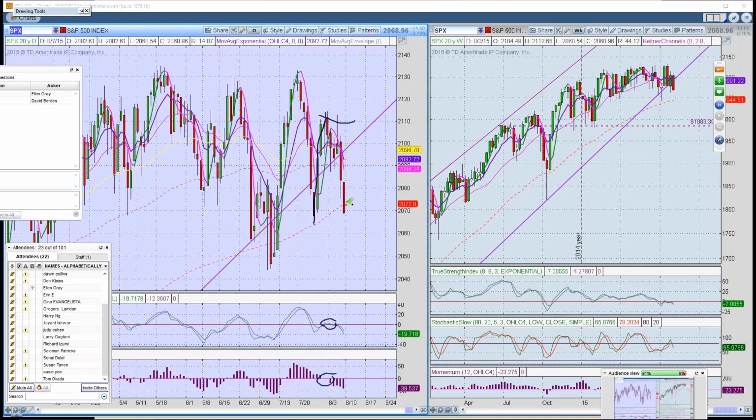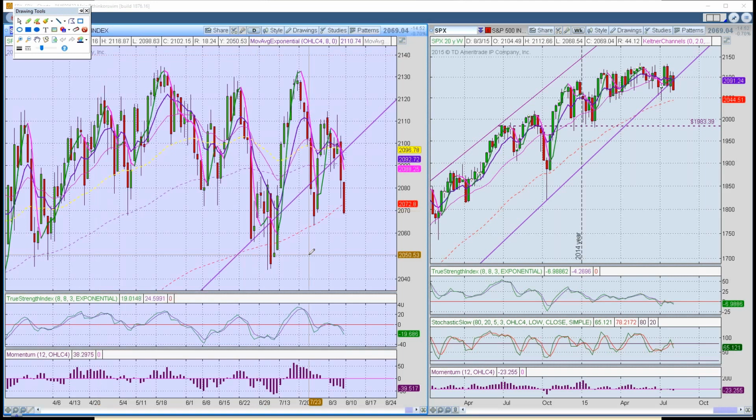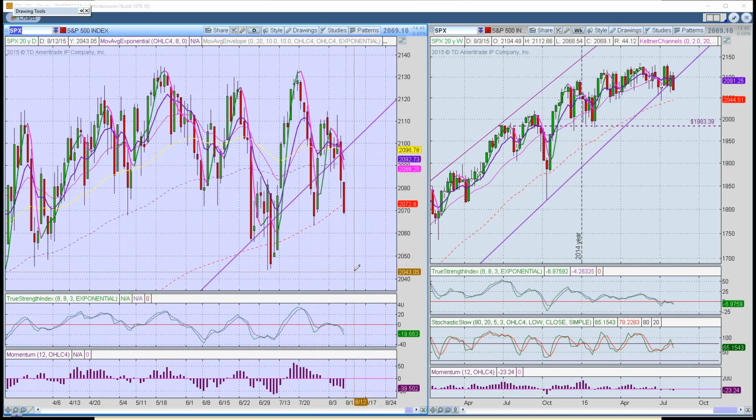If we do close below the 200-day moving average on the Russell, and we also take out this low here, then we're probably going to revisit the 2050 to 2043 area.